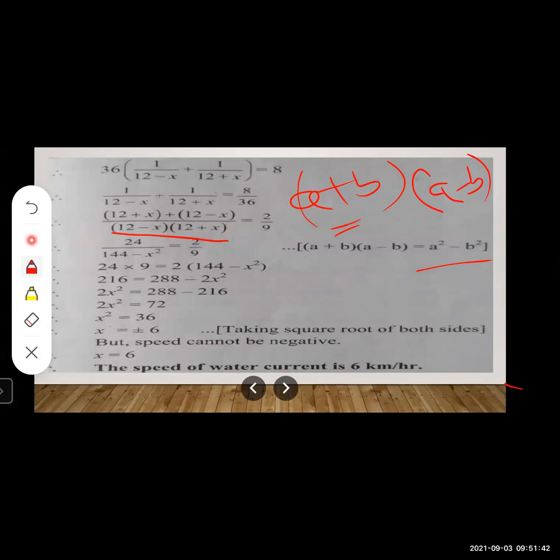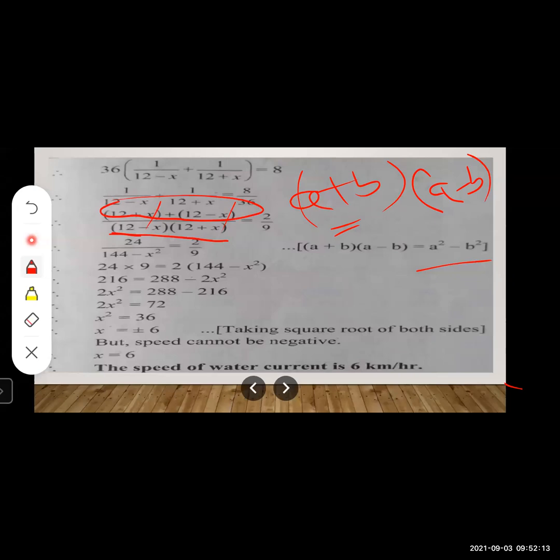So a square is 12 square, that is 144, minus b square, and b is x, so minus x square. When you simplify the numerator, you get 12 plus 12, 24, and the x will get cancelled. So you will get 24 divided by 144 minus x square is equal to 2 upon 9, right?